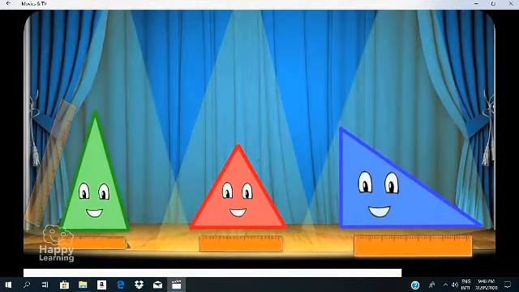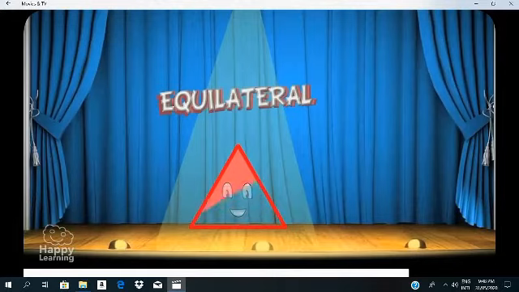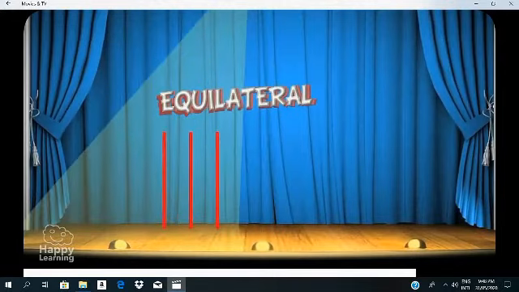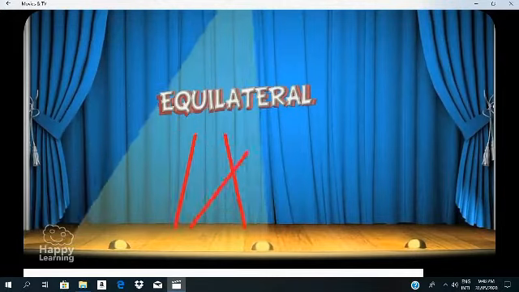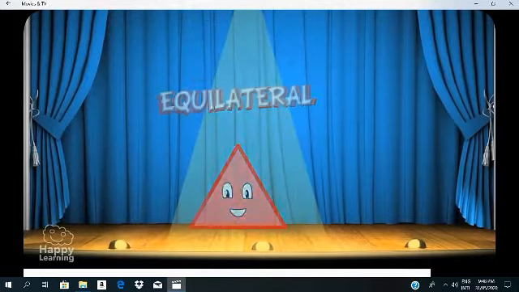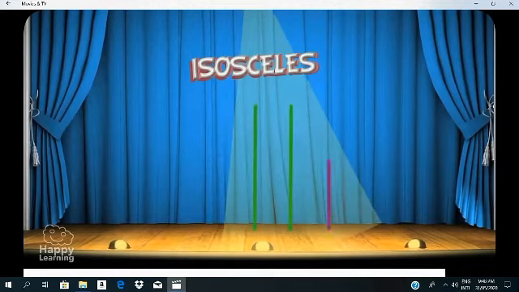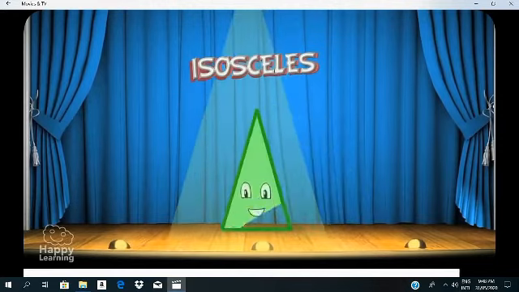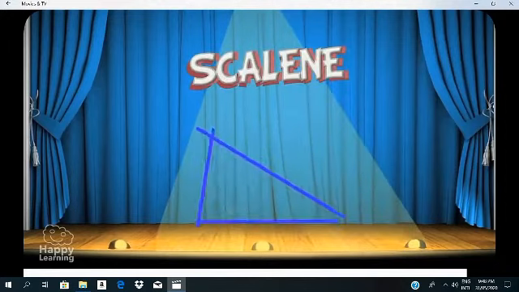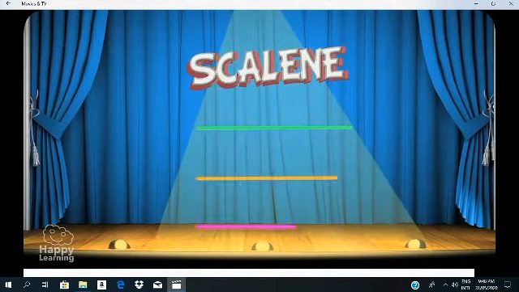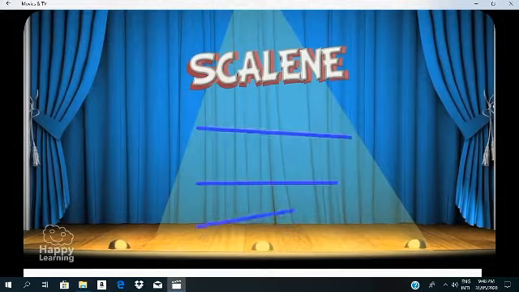For an equilateral triangle, the 3 sides are equal. For an isosceles triangle, only 2 lengths are equal. The last side is different. For a scalene triangle, none of the sides are equal.